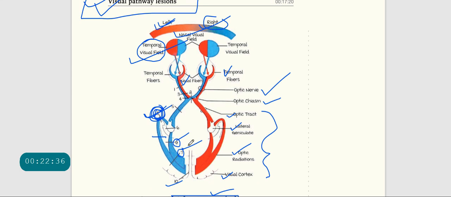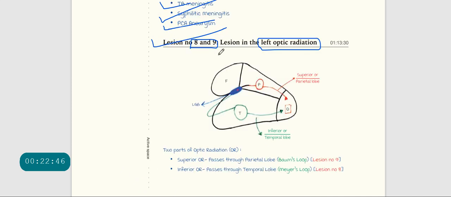So this is the structure of the brain. You can see the lobes: frontal lobe, parietal lobe, temporal, and the occipital lobe. Here in the bluish dot, you can see the lateral geniculate body. The fibers from the lateral geniculate body ultimately have to go to the occipital lobe, the visual lobe.